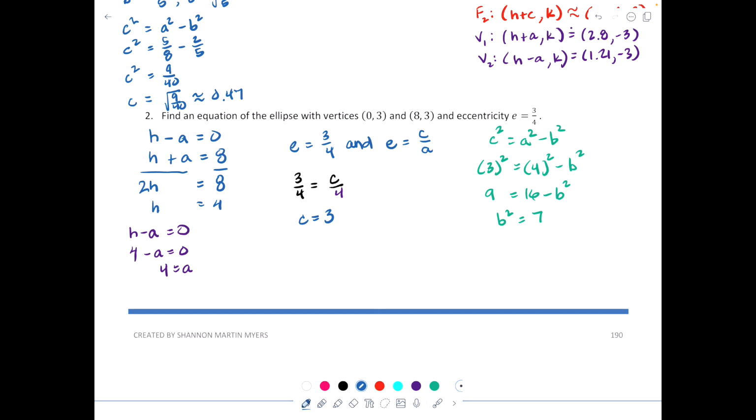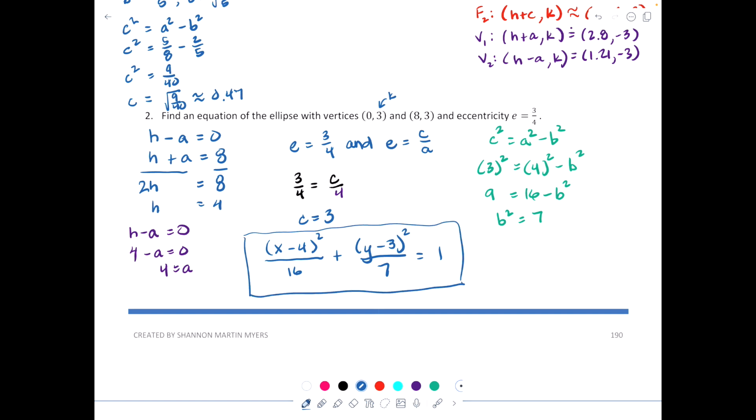So our center is HK. We said that H was 4, and we know K is 3 from the given ordered pairs. So (x minus 4) quantity squared over A squared, that'll be 16, plus (y minus 3) quantity squared over B squared, which we found to be 7, is equal to 1. And we found everything. Groovy?